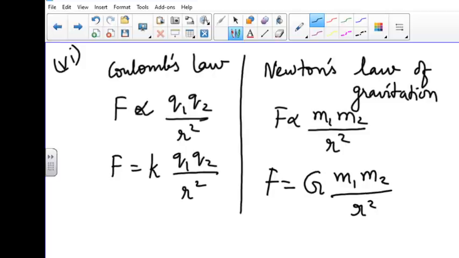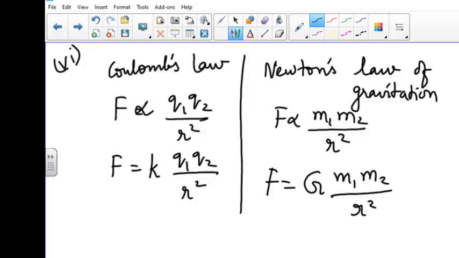Here you can see similarities. Here it is the product of the masses. The force is directly proportional to product of the masses. Here directly proportional to product of the charges. For Coulomb's law, force is directly proportional to product of the charges, and here force is directly proportional to product of the masses.